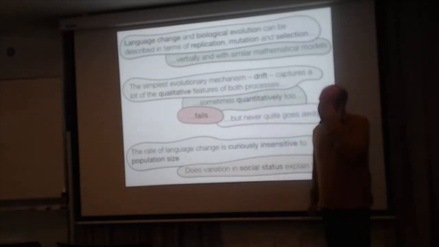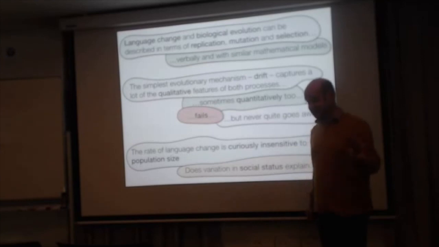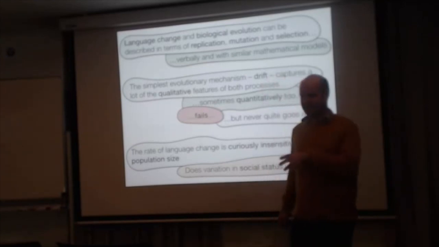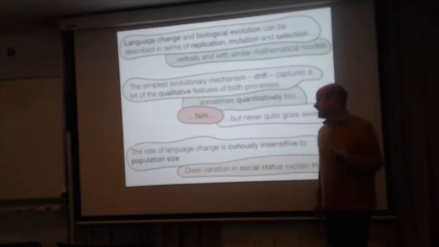Now, there are probably people in the room who are better placed to field that question than me, but I think there are some theories that say between words and grammars, they can be viewed theoretically in the same framework. Other people say that they're different. Certainly, timescales are different, and I think that's uncontroversial.